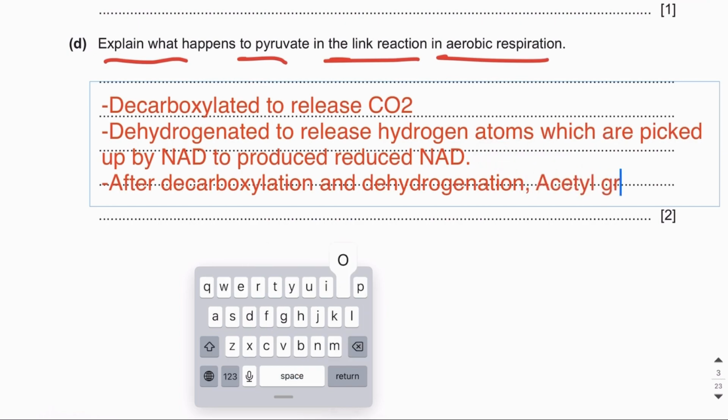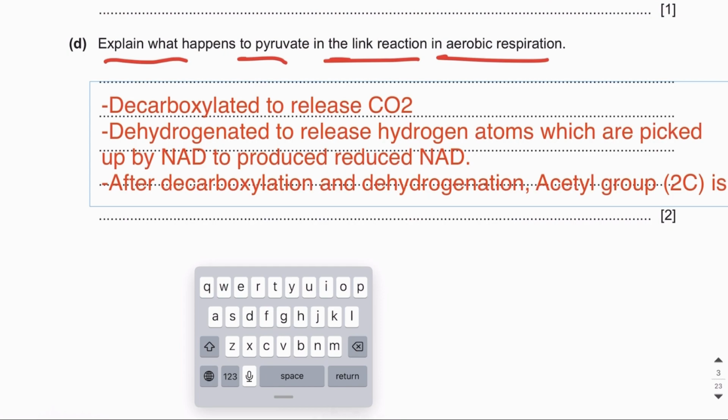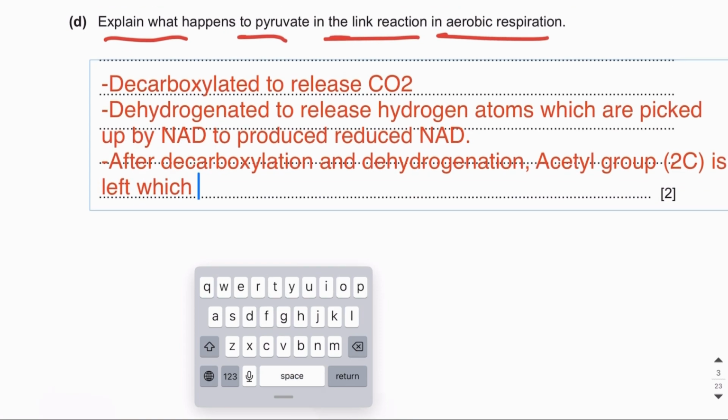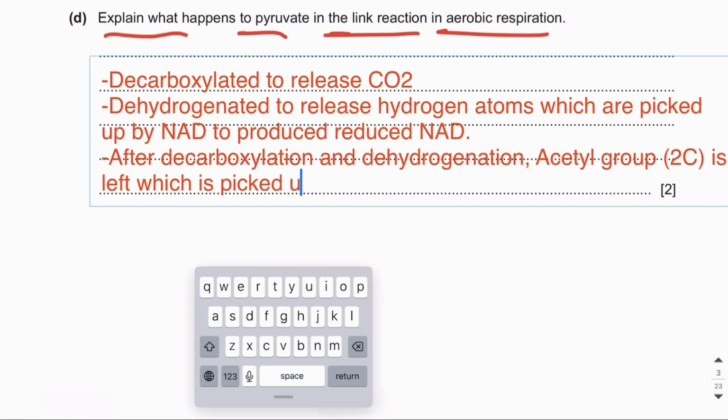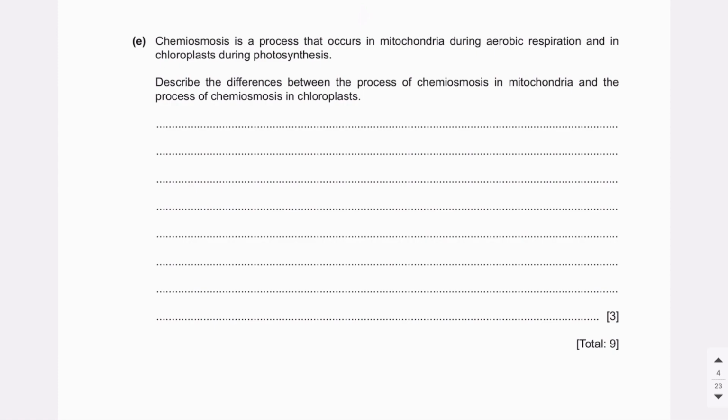Acetyl group, which is of 2 carbon, is left, which is picked up by coenzyme A to form acetyl coenzyme A. Right. Let's move on to the next part, that is part E.